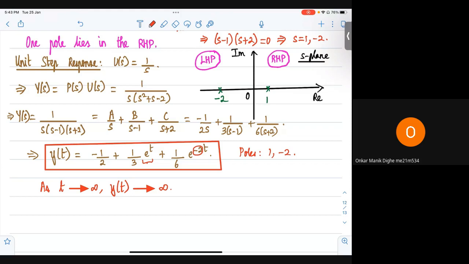So if we apply the definition of bounded input, bounded output stability, I'm sure all of us agree that the unit step is a bounded input, right? But the output is unbounded, right? Why? Because the magnitude is keeping on increasing, going to infinity, blowing off to infinity as time tends to infinity, right? So this implies that this system is unstable.